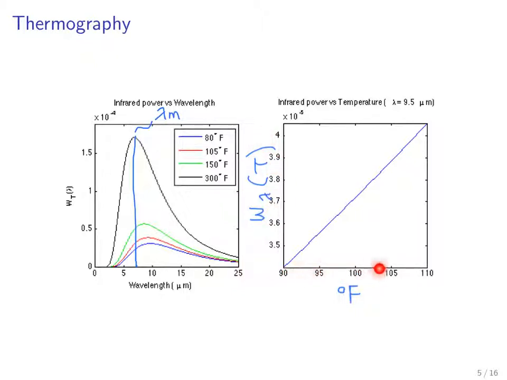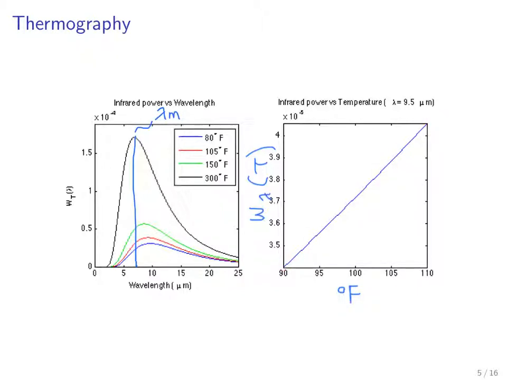And so here I've got degrees Fahrenheit on the x-axis, and I've restricted the axis somewhat between 90 and 110 degrees. And over this range, the infrared power W sub lambda is a relatively linear function of the temperature, and so we can use this relationship to get back what the temperature was.